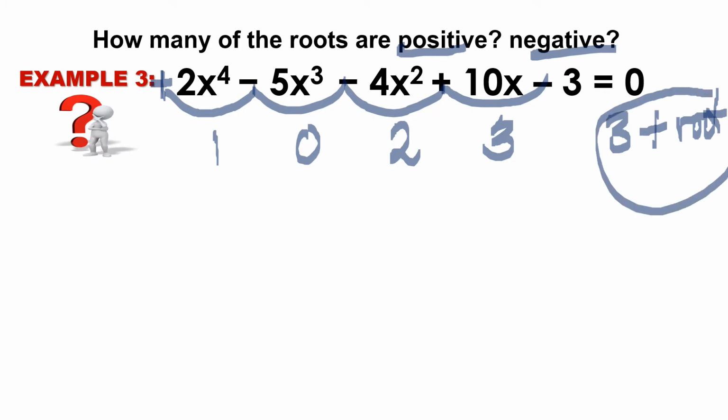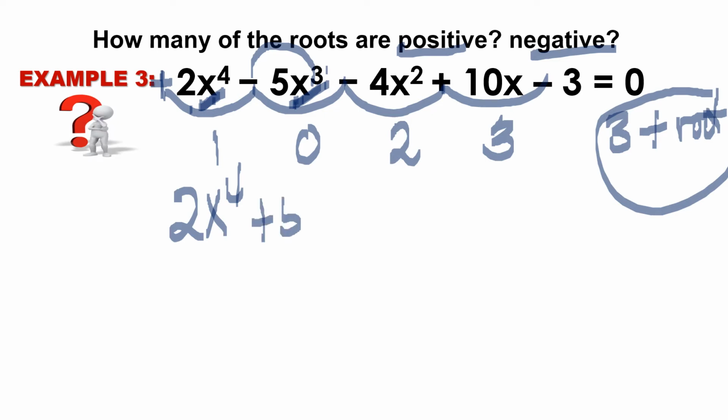We are expecting 3 positive roots. Next, what about the negative roots? Let's change first the values of x to negative. If x here is negative, negative to the fourth power is positive, times positive outside, still positive. So 2x to the fourth remains positive 2x to the fourth. Next, if x cubed is negative, negative to the third power is negative times negative outside is positive.